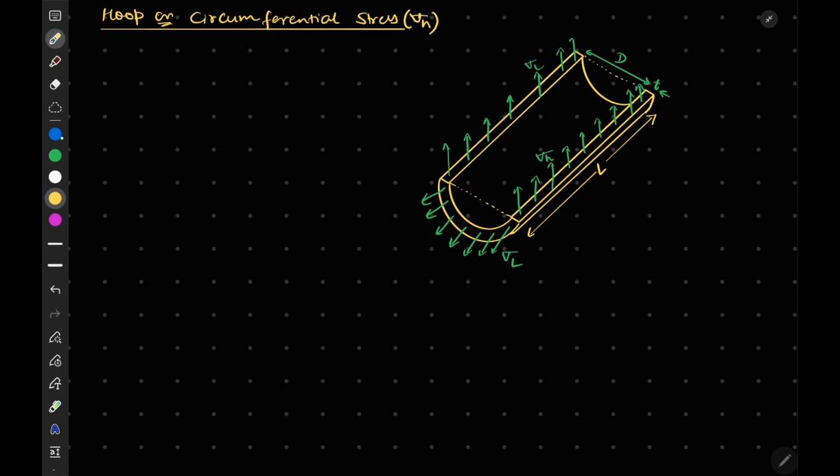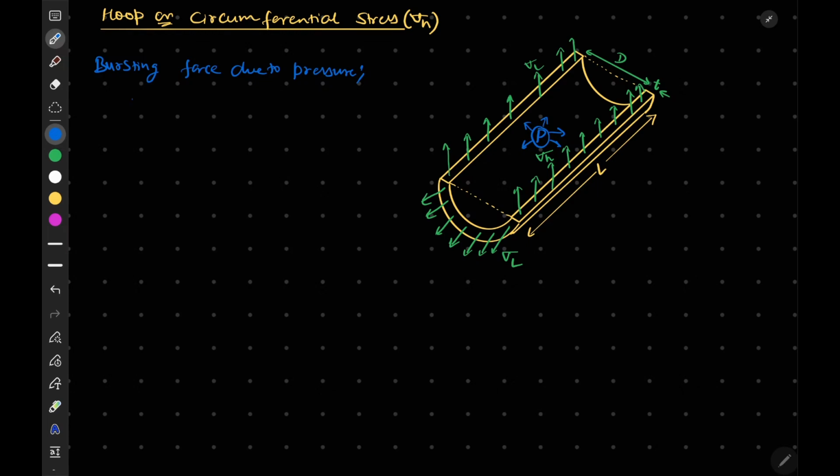Now there is also a pressure P inside, and that pressure will act all around the surface. Now we can say the bursting force due to pressure. What will be the bursting force?